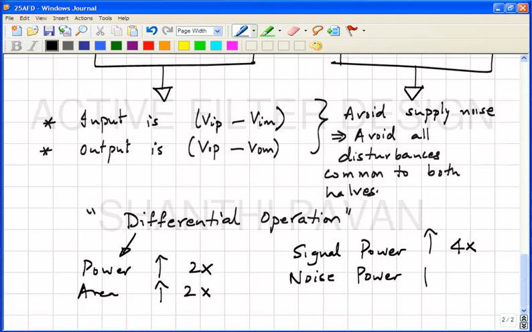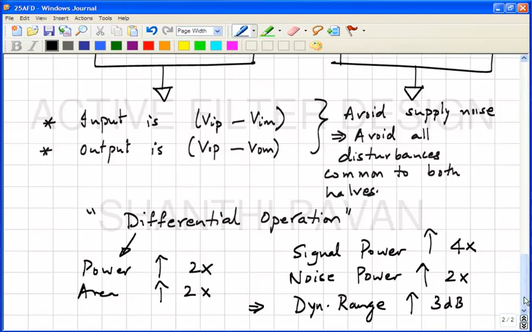The mean square noise will be Vn1 square plus Vn2 square, which must be 2 times Vn1 square. So, this noise power must have gone up by a factor of 2x, which means that the dynamic range has gone up by a factor of 2, which is 3 dB.